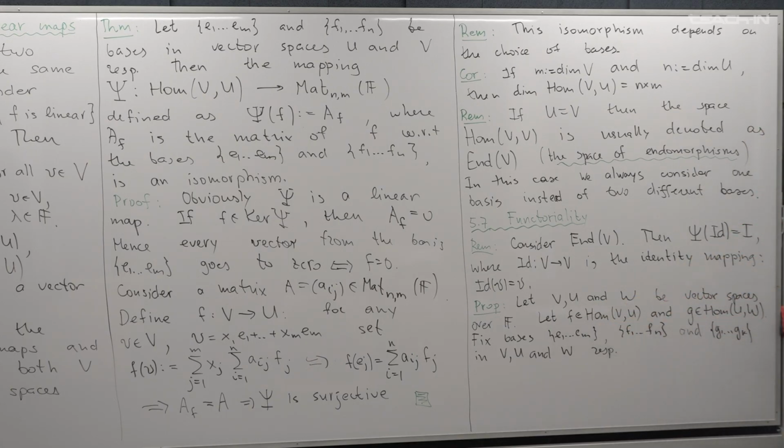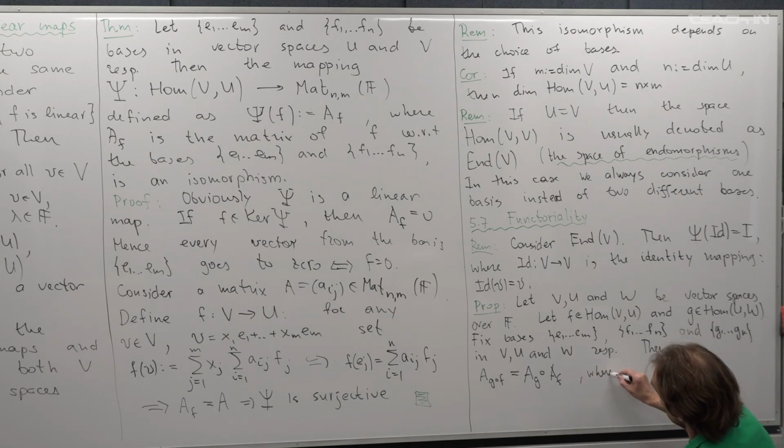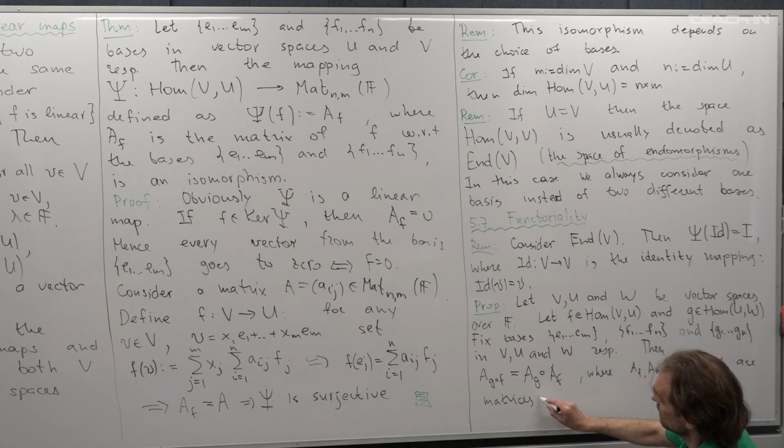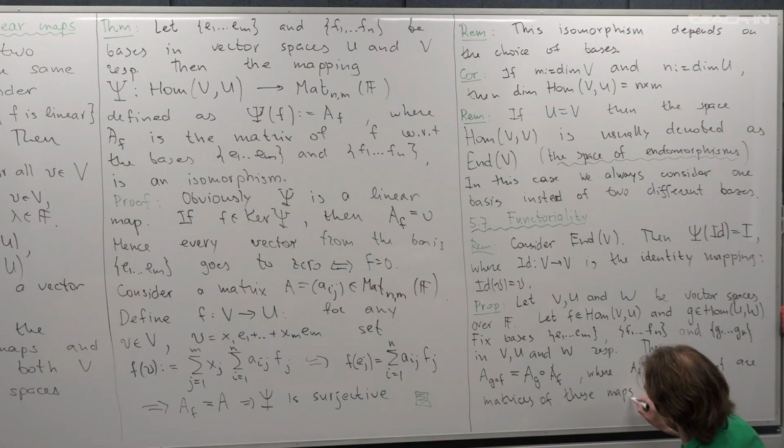Once we fix these bases, we can write down the matrices of these mappings, and the claim is that in this case the matrix of G composition with F equals the product A of G by A of F. Here, these are the matrices of the mappings F, G, and the composition with respect to appropriate bases.